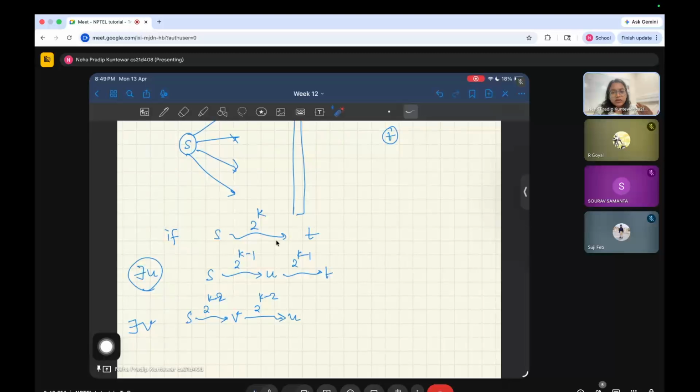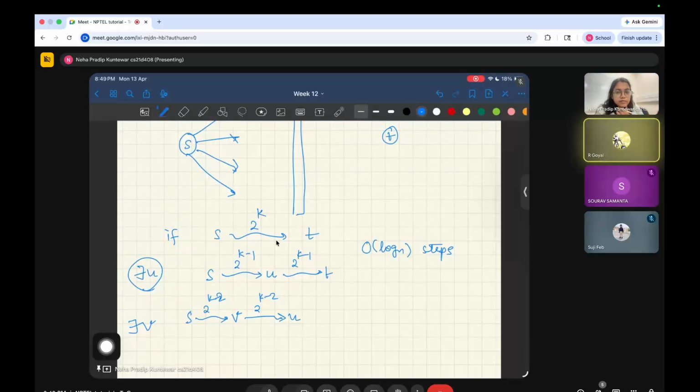Then you'll end up having a logarithmic number of steps before you reach a trivial instance. Not log n, but say, log of 2 raised to the power k. But what is 2 to the k? What is the worst possible length you can have? You can have a path of length n minus 1. So log of n minus 1 would be roughly order log n.